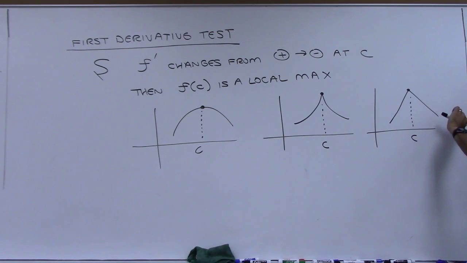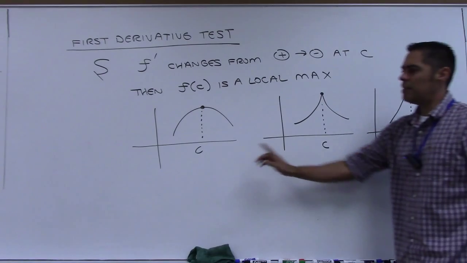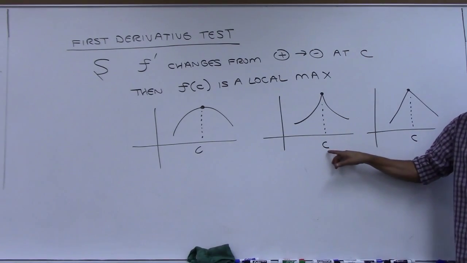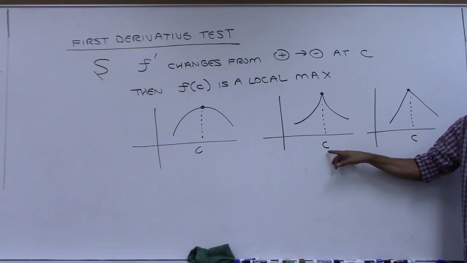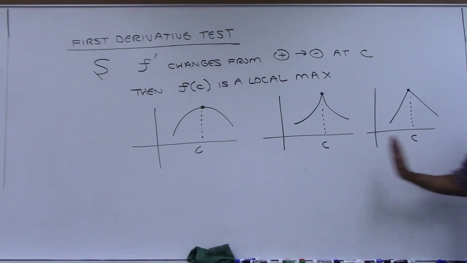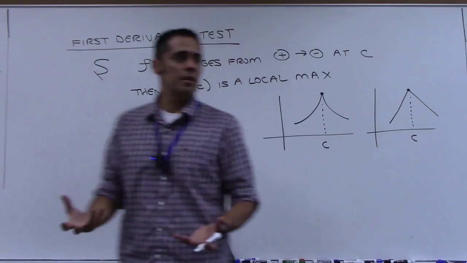Positive to negative, yes? Okay, what about at C? What's the derivative at C here? 0. What's the derivative here at C? Doesn't exist. But C would be critical. These would all be critical numbers, wouldn't they?